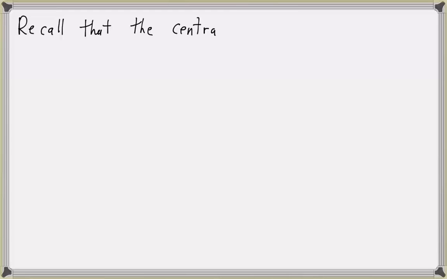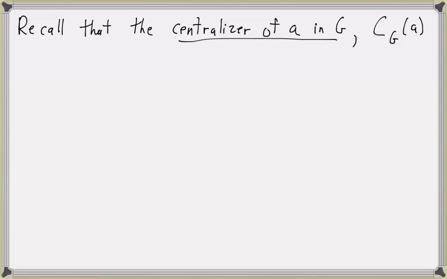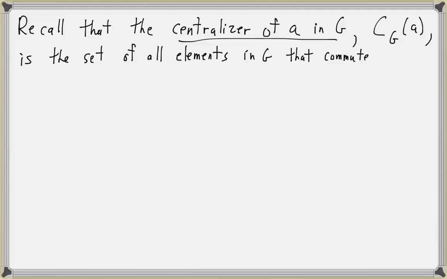Recall that the centralizer of an element A in G, denoted by capital C sub G of A, is the set of all elements in G that commute with A. And we've shown in the past that the centralizer of an element is actually a subgroup of G.